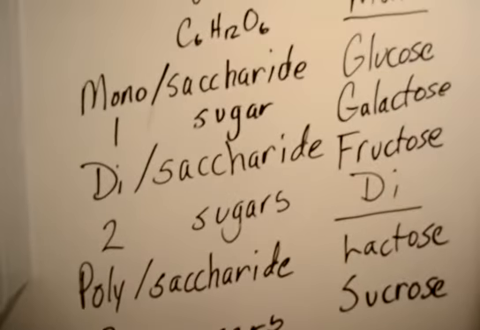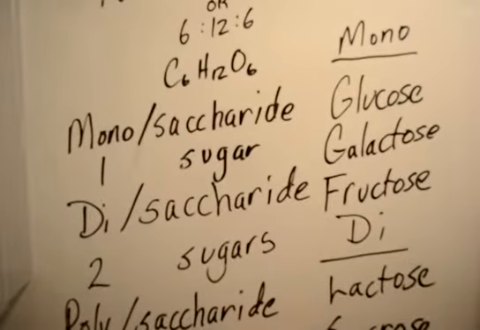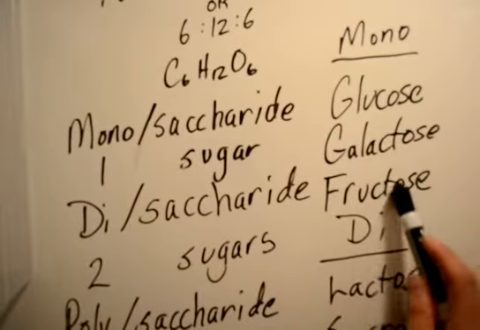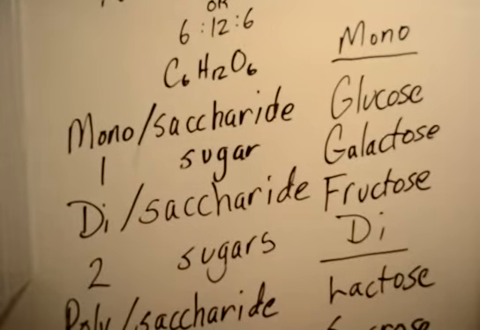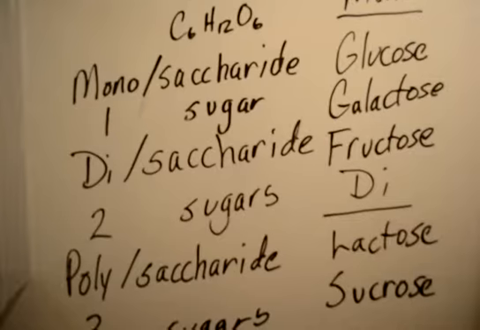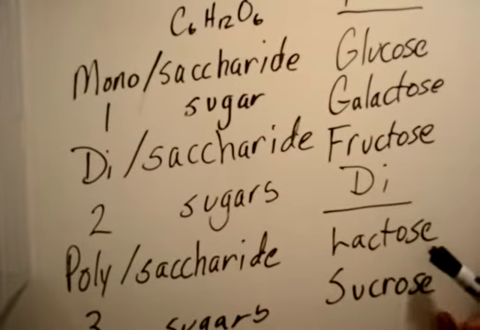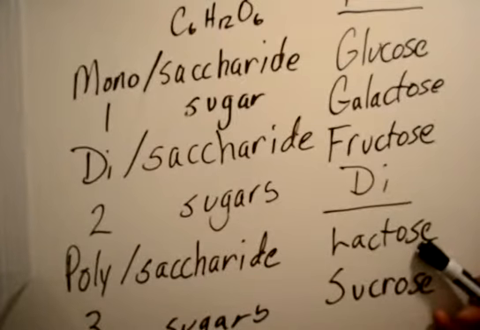Now, the 3 different types of monosaccharides that we are worried about is that we're going to be talking about glucose, galactose, and fructose. And this plays into what type of function that they are going to have. Now, the 2 disaccharides that we talked about is going to be lactose and sucrose. So this is generally going to be your milk sugar.